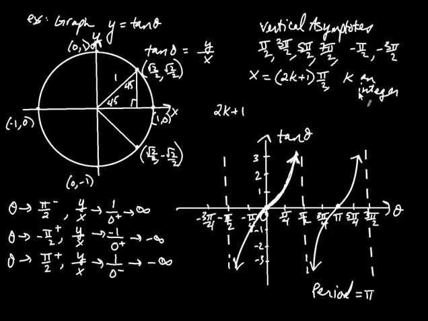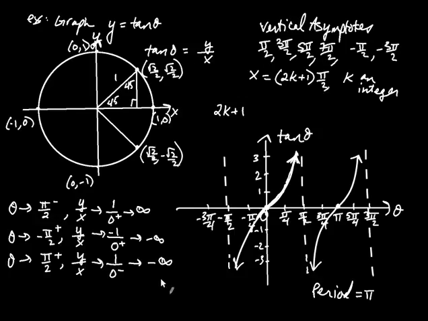And by an integer, we mean negative 3, negative 2, negative 1, 0, 1, 2, 3, and so on. So if you plug in any k, any integer right here, multiply it by 2 and add 1, that gives you an odd number. And any odd multiple of pi over 2 gives you a vertical asymptote for tangent.